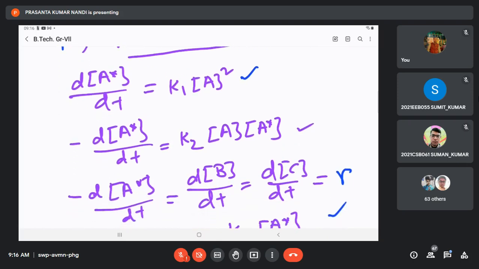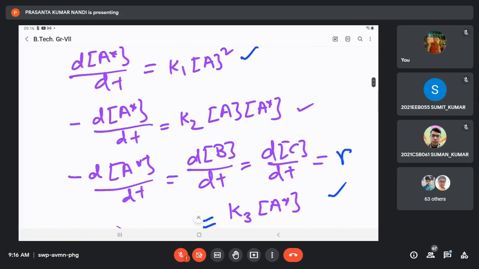Now, in the final step, what is the rate of the reaction? This is very important. Minus d[A star]/dt equals d[B]/dt equals d[C]/dt, because B and C, these products, are produced in a 1:1 stoichiometry ratio.